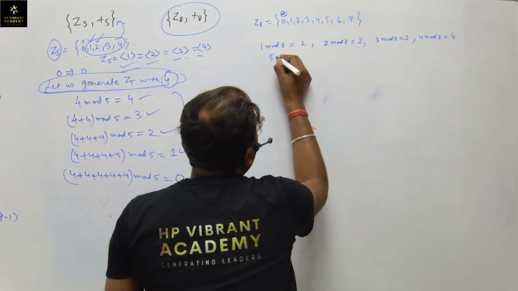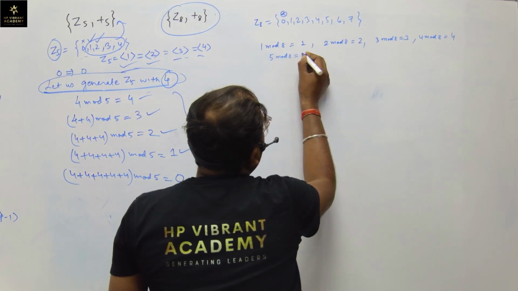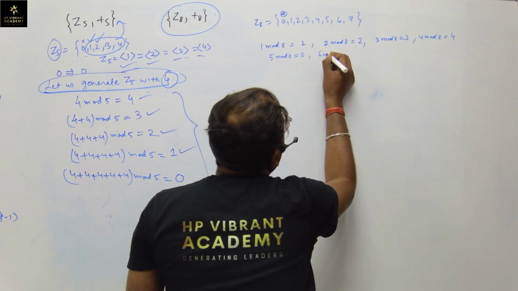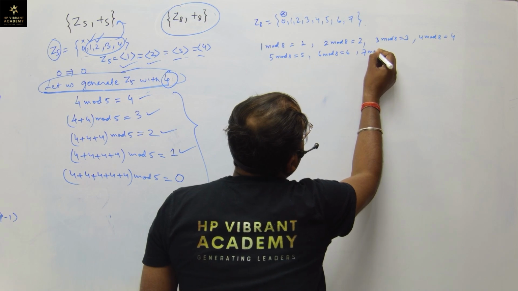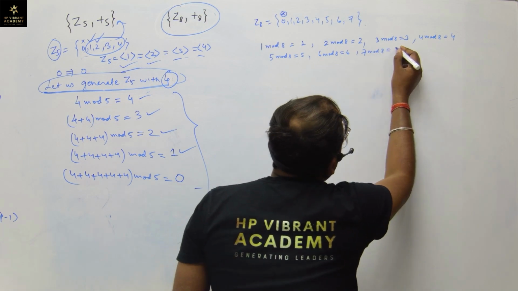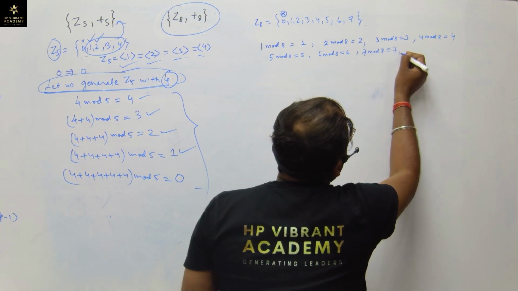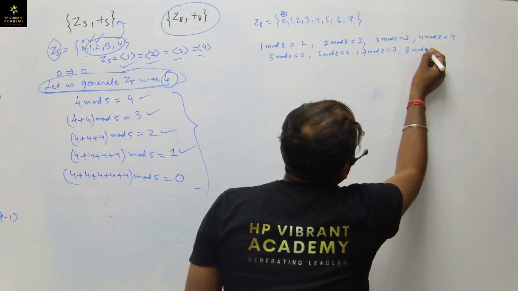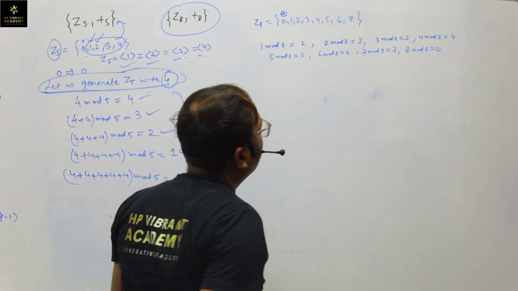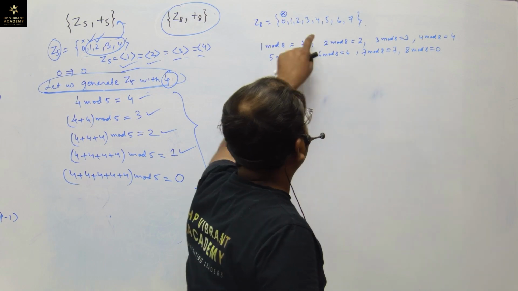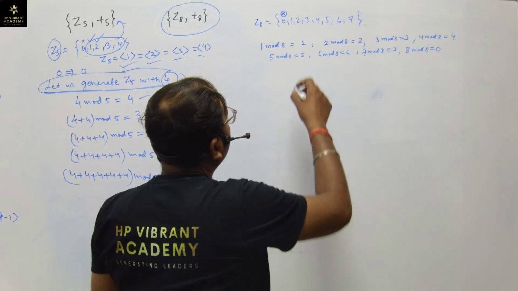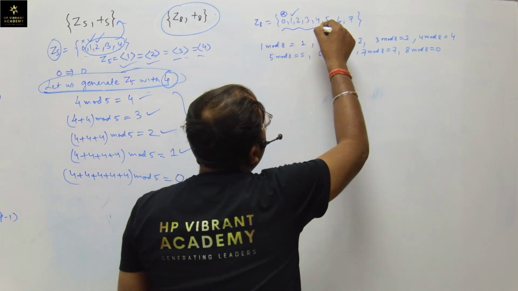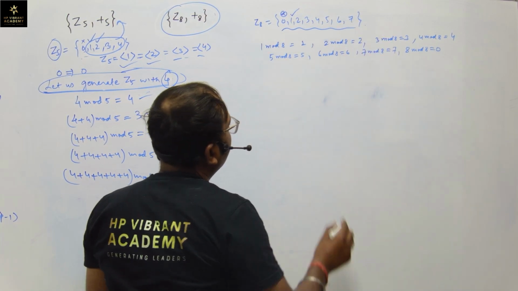Similarly, 5 mod 8 is equal to 5. 6 mod 8 is equal to 6. Similarly, 7 mod 8 is equal to 7. Similarly, 8 mod 8 is equal to 0. So we have the elements 0, 1, 2, 3, 4, 5, 6, 7. So 1 is generating all the elements of Z8. So 1 is a generator.